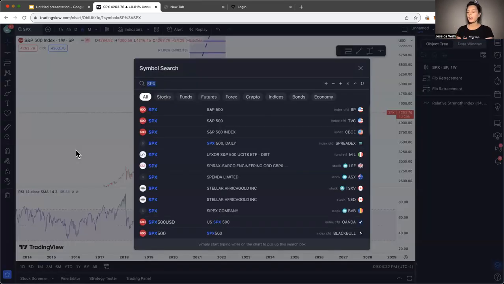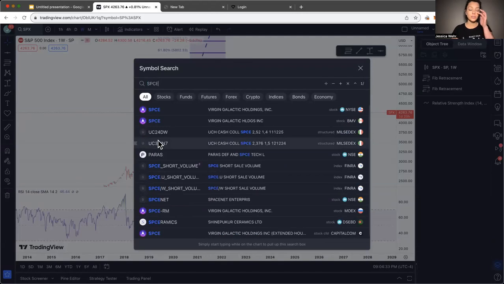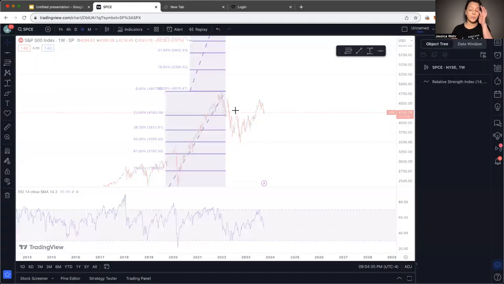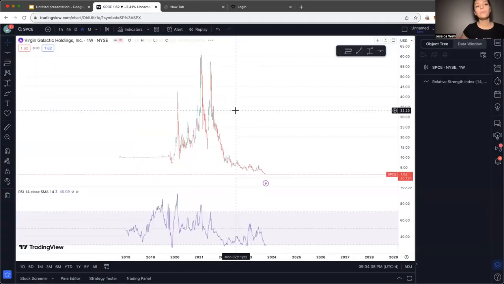So here's the gray area that we're going to go over, and that is if a stock has dropped so significantly that there's no previous trends to use. So we're going to use sort of a newer, higher risk company here that has dropped significantly as an example.